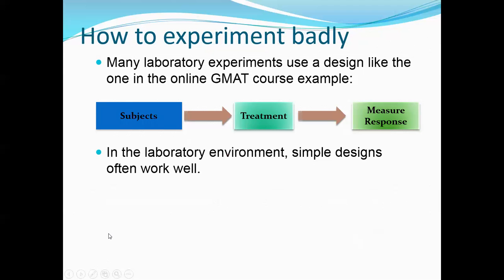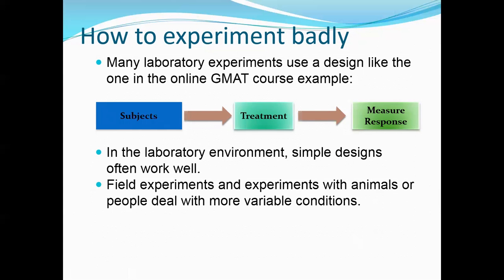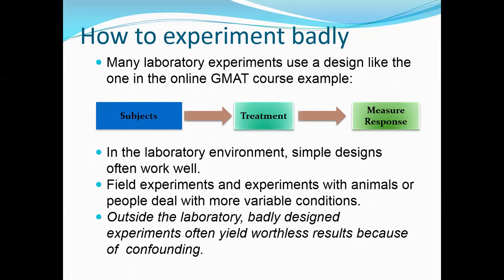In a laboratory environment, simple designs often work well. Field experiments and experiments with animals or people deal with more variable conditions. Outside the laboratory, badly designed experiments often yield worthless results because of confounding.